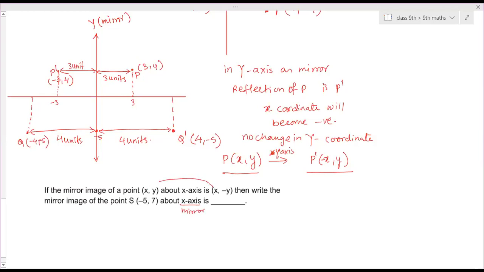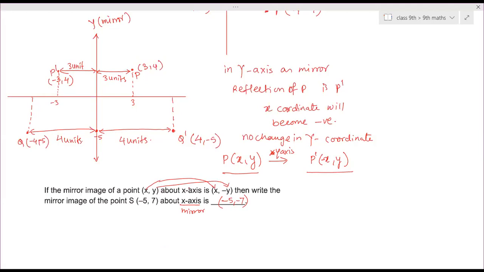X remains the same, y becomes negative. So here also you have to do the same thing. X remains the same and y becomes negative. The x coordinate will remain the same. The y coordinate will become negative.